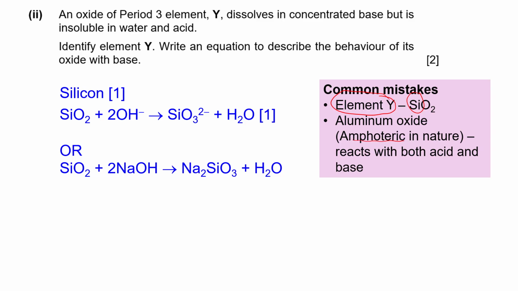It reacts with both acid and base, so it cannot be the Y. So please go and memorize the periodic table. It will be useful for your upcoming A levels. How do you write the equation and what is the eventual pH of the system? Okay, that's all for question 4.